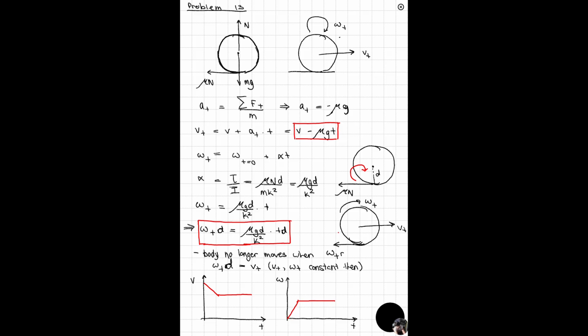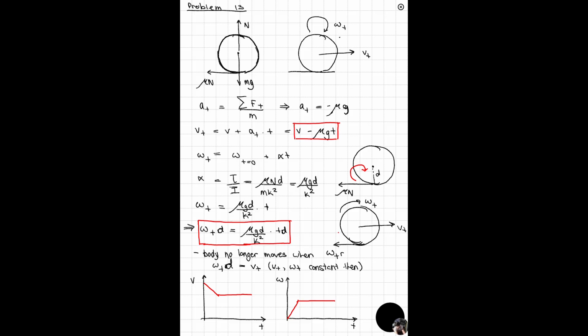This means that alpha is equal to the torque divided by the moment of inertia, and the torque, as shown in this diagram also, the only force that's really giving any kind of torque around the body is the friction. And this friction would give a torque of mu N times d. I'm only looking in this case at the magnitude. The direction is kind of irrelevant in this problem. All that we know is that it is promoting the angular velocity to move.